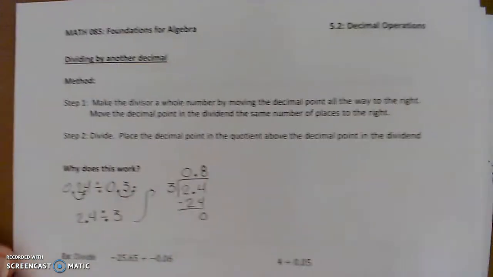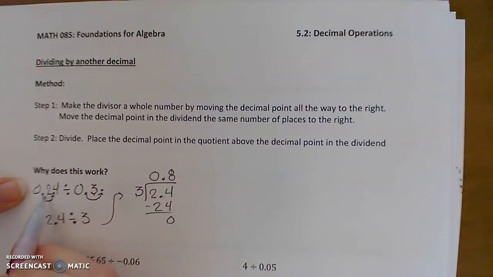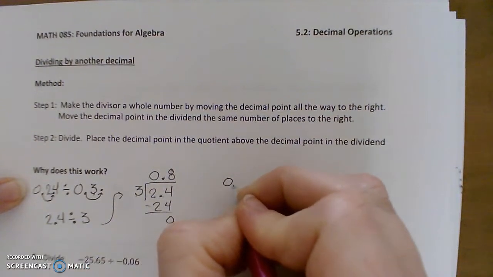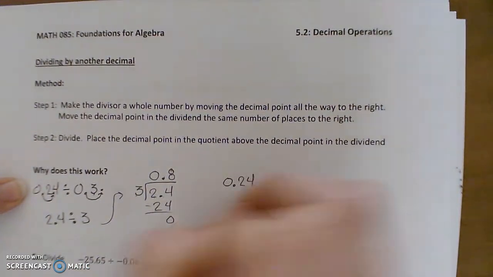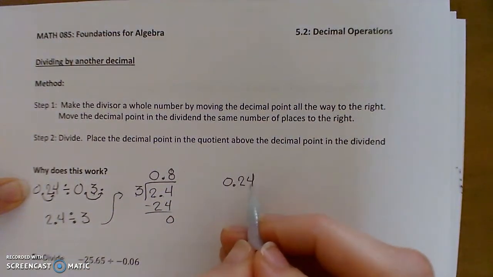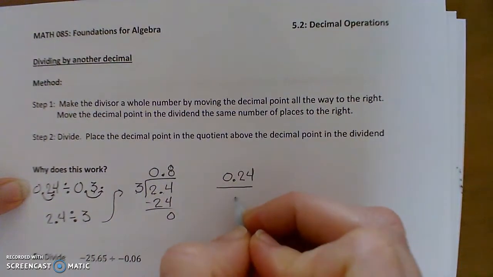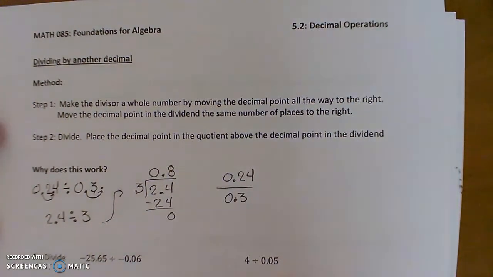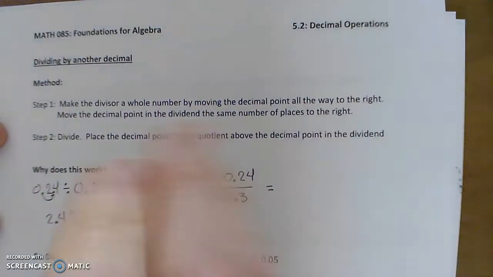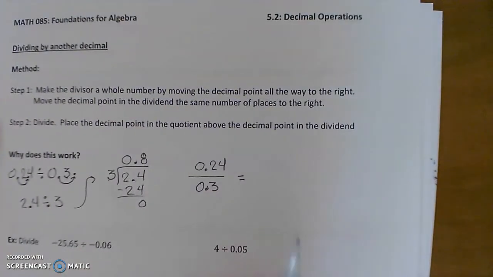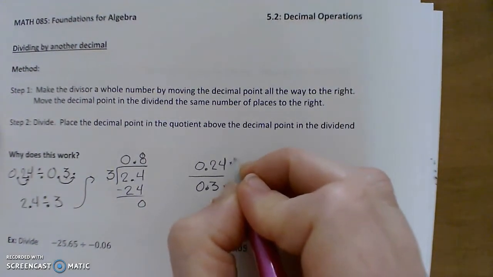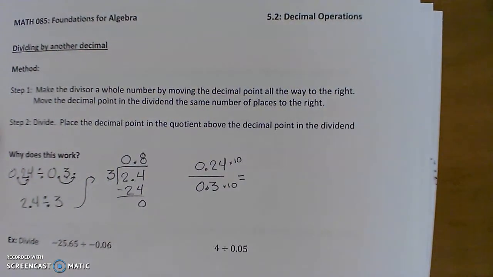So why does this work? Think of this division problem as a fraction. 24 hundredths divided by 3 tenths. And we know with fractions, you can keep the same fraction or quotient and rewrite this as an equivalent fraction by multiplying both the numerator and the denominator by the same number.